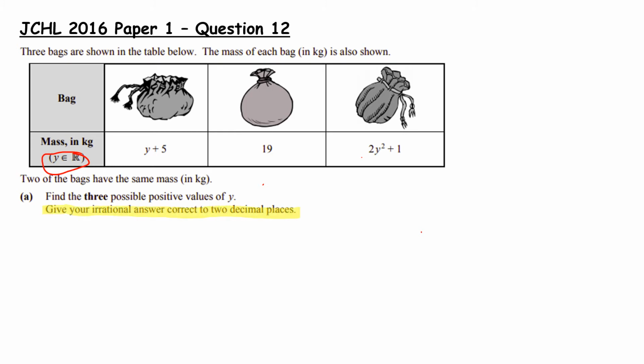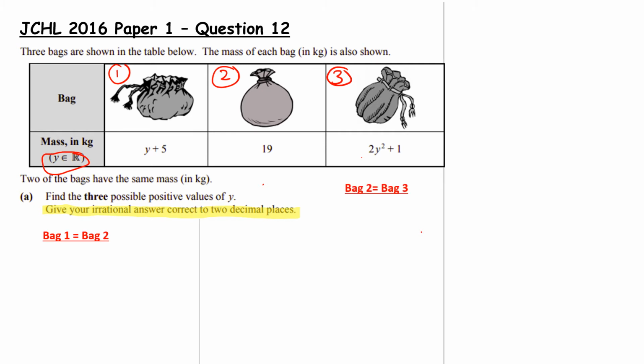Okay, so there's 3 bags. So I'm going to label them just for ease. Let's call this bag 1, let's call this bag 2, and let's call this bag 3. So if 2 bags are the same, either bag 1 equals bag 2, bag 2 equals bag 3, or bag 1 equals bag 3. Okay, so there are 3 different options.